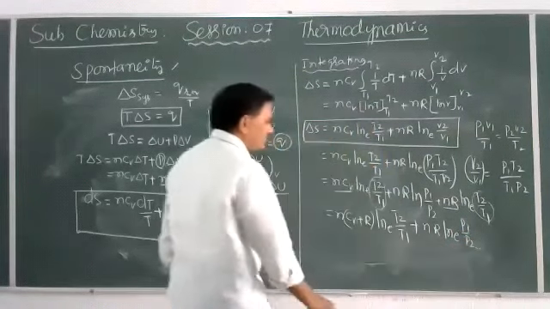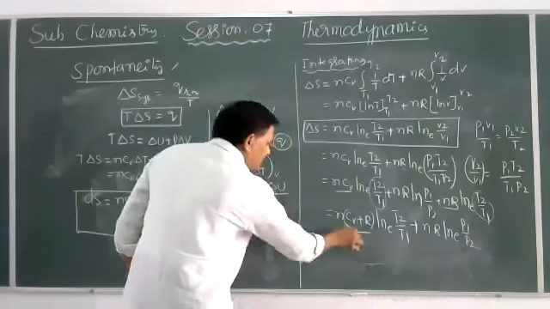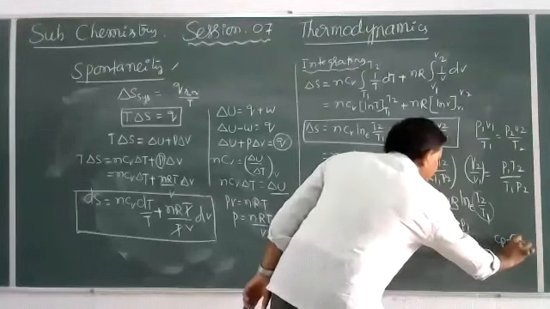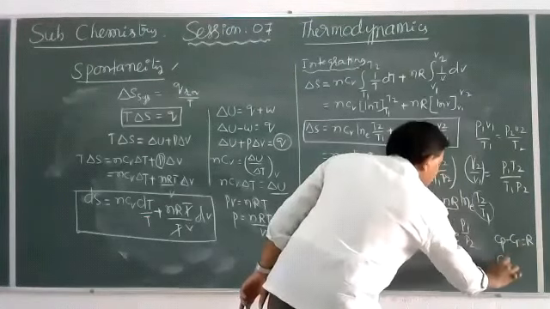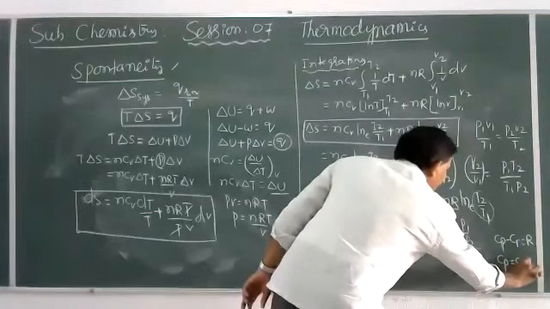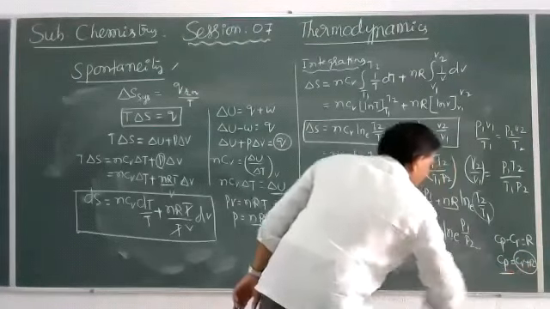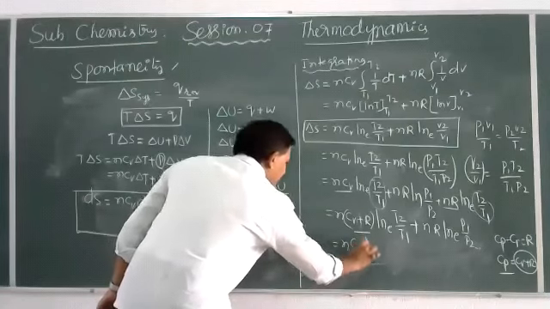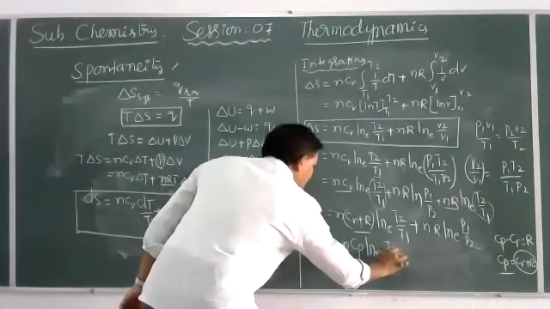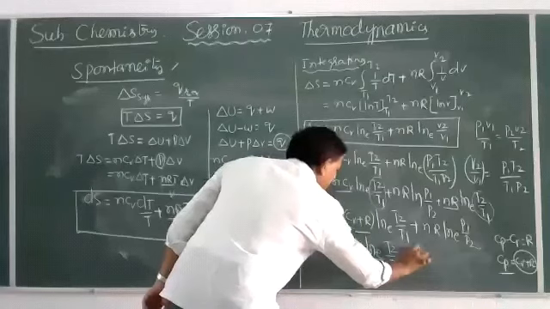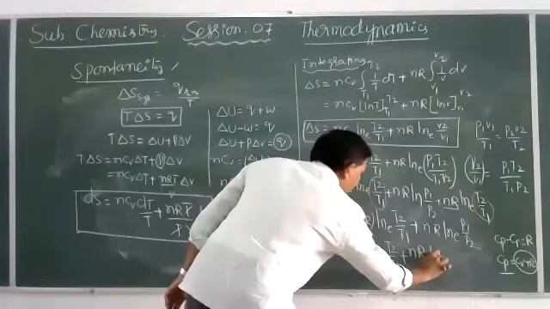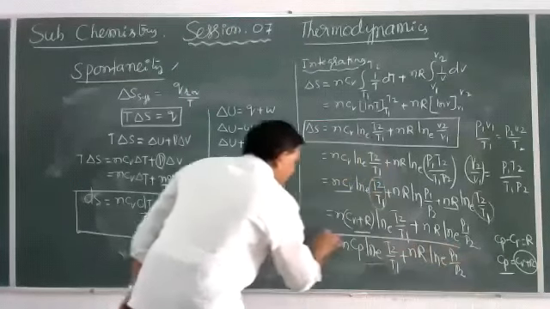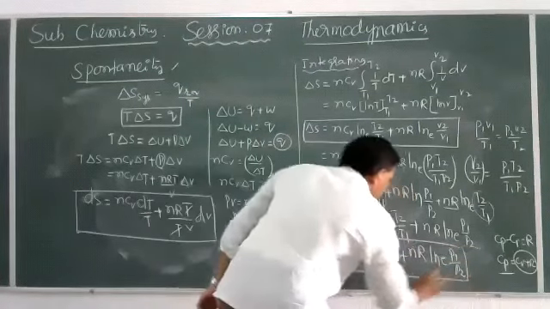So instead of this, we know already that Cp minus Cv is equal to R, so Cp is equal to Cv plus R. Instead of this, we can write Cp. That's why nCp log base e T2 by T1 plus nR log base e P1 by P2. This is a very, very important expression with respect to pressure.